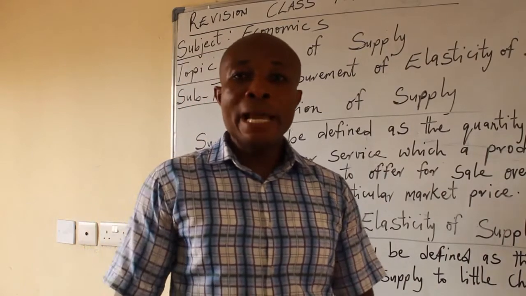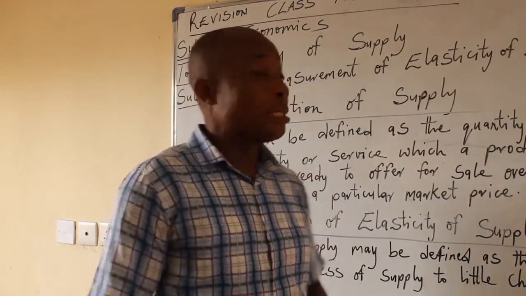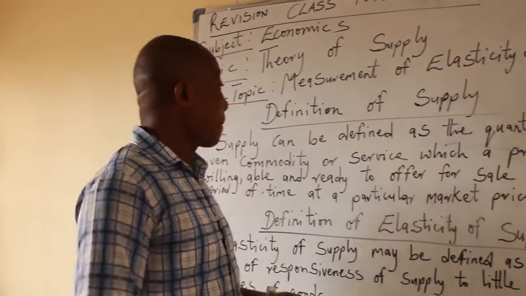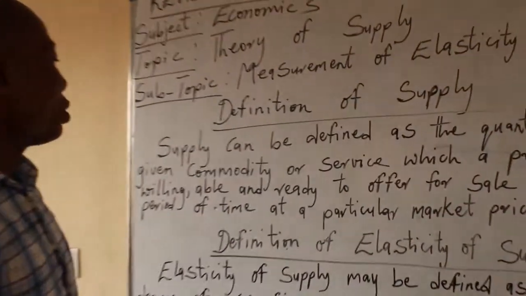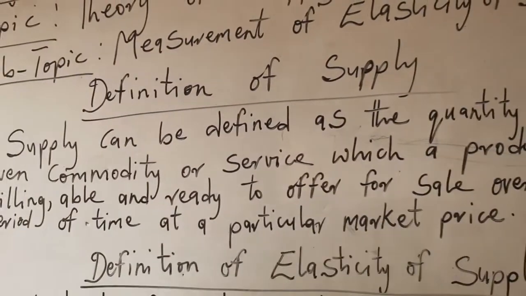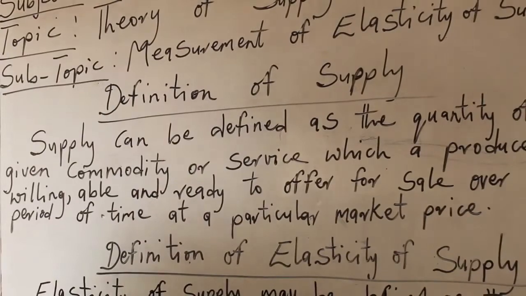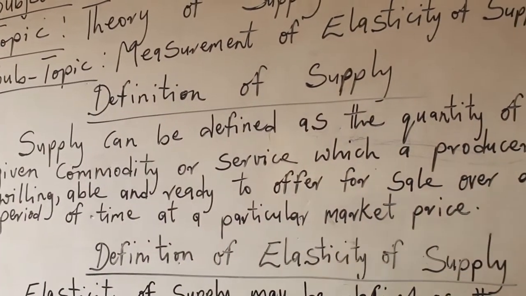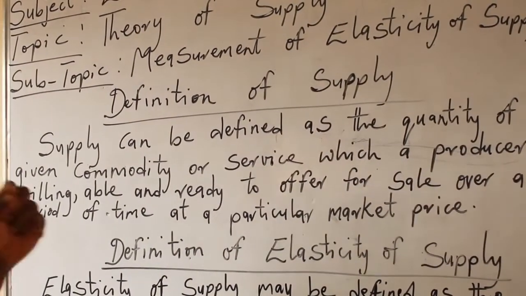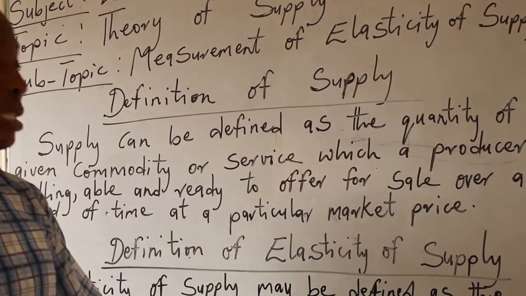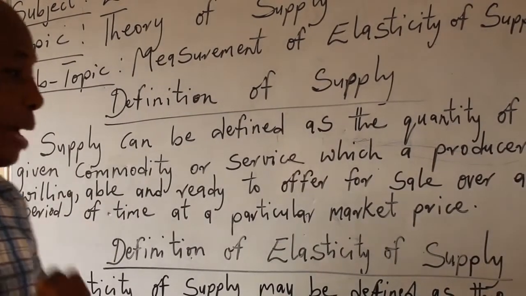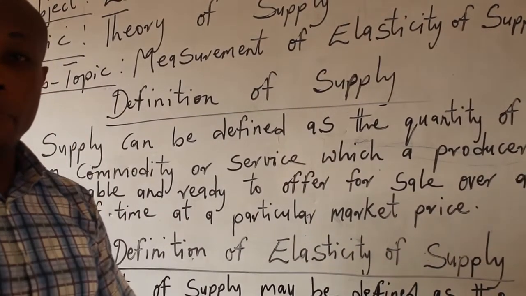But before I go to the topic of the day, I would like to refresh the mind of my students on the meaning or definition of supply. What is supply? Supply can be defined as the quantity of a given commodity or service which a producer is willing, able, and ready to offer for sale over a period of time at a particular market price.